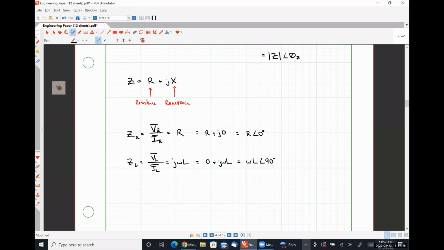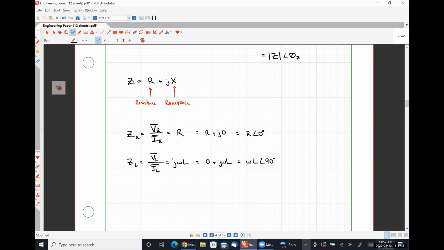And it's because the inductor is made of wire, and wire has some finite small resistance depending on its geometric properties and the material that it's made of, right?